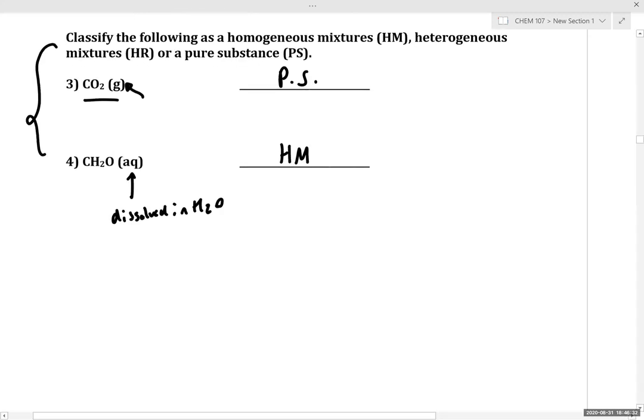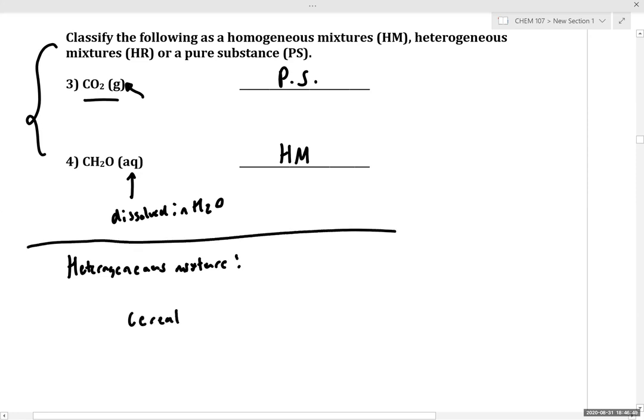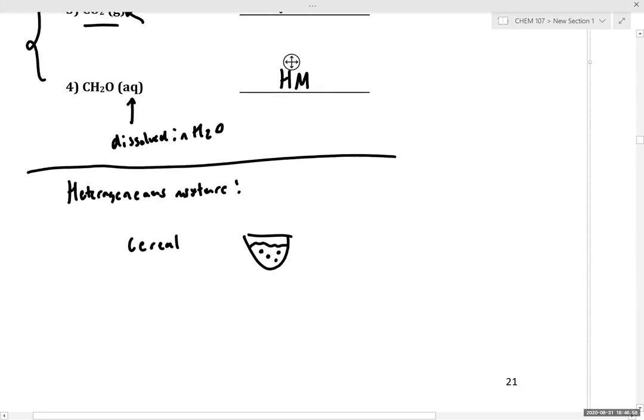Okay, so to give an example of a heterogeneous mixture, some common examples that we see in everyday life. An example of this would be cereal. If we look at our bowl of cereal, we have the milk, and then we have clearly visible solid pieces of cereal. Another example would be copper chloride solid in water.